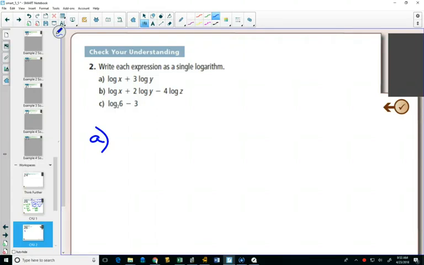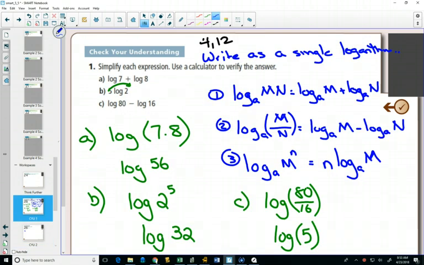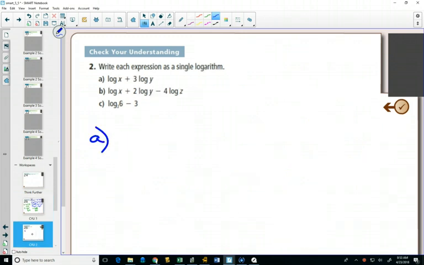Now we see log plus log, and when most people see this, the first thing they're going to go to is rule number 1. I see adding, so I want to multiply. But the difference between what we have here in A and what the formula says is log plus log, and what we have is log plus 3 log.